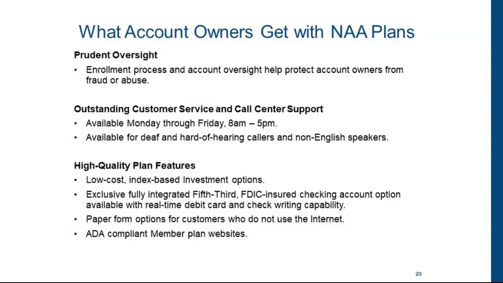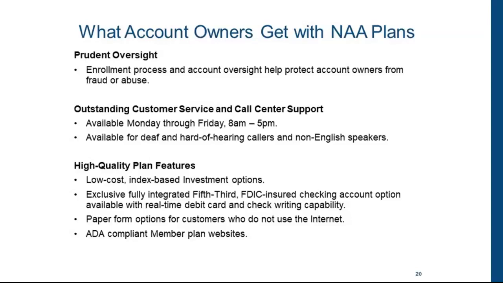One of the things account owners get from the National ABLE Alliance plans, and as JJ indicated, the thing that's great about this is these are the same benefits that you get whether you're in Iowa, you're in Illinois, you're in Alaska. Prudent oversight, the enrollment process and account oversight help protect the account owners from fraud or abuse.